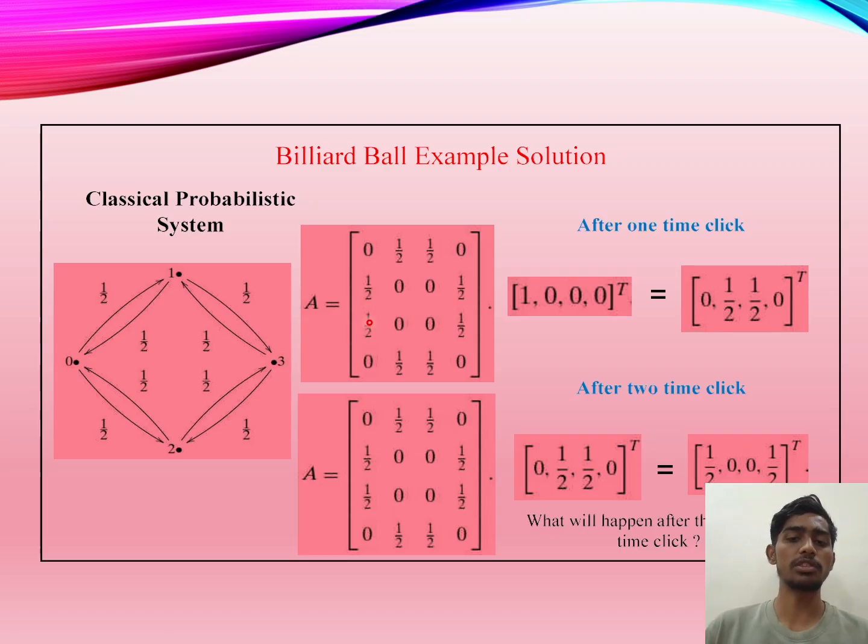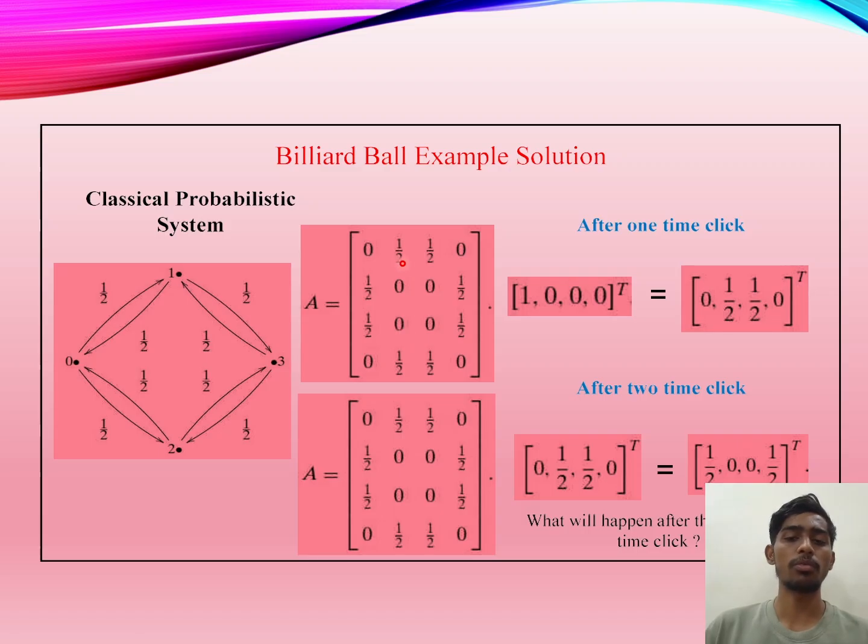But we missed this part, 1 by 2, which is 0 to 2. The probability of going from 0 to 2 is 1 by 2, so 1 by 2 is written over here. Similarly, the other entries are taken out like that.